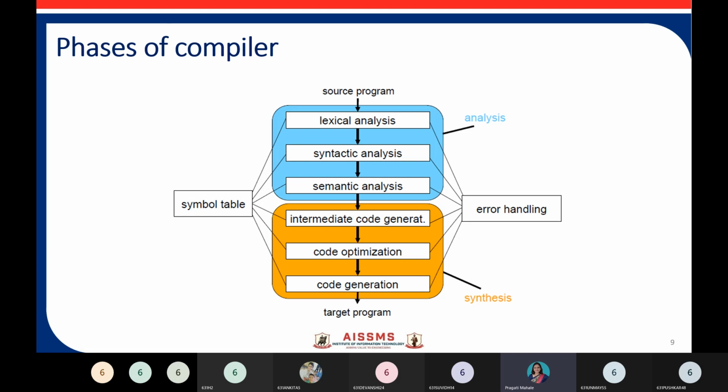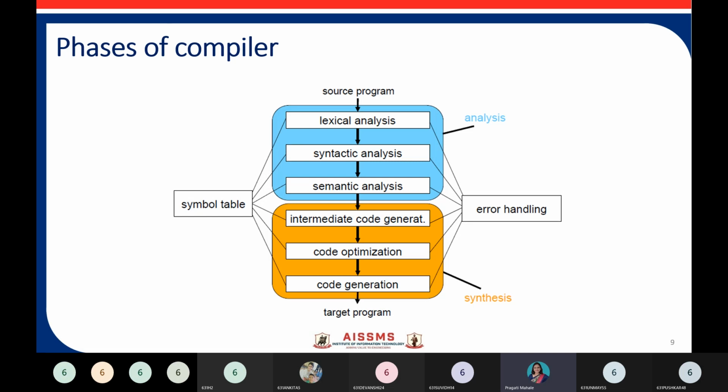Okay, so how many phases are there? There are six phases we can say in the compilation process, the conversion from source to the target program. These three are the phases of the analysis part, whereas these three in yellow color are the part of the synthesis phase, and each phase interacts with the symbol table as well as with an error handler.